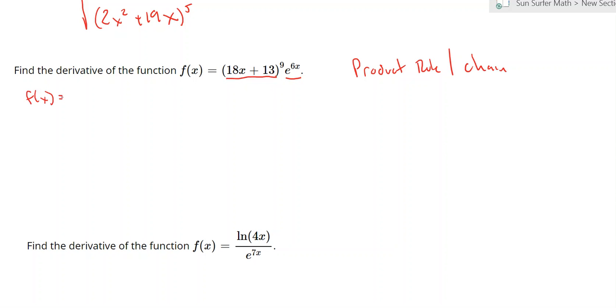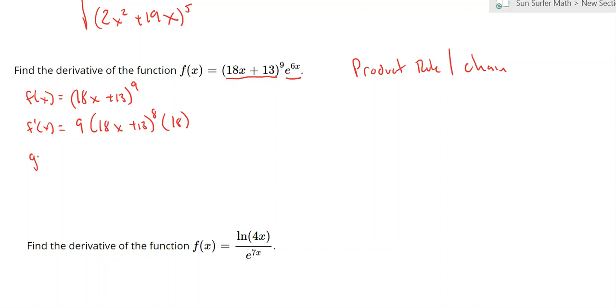I'm going to let f of x be the first function, 18x plus 13 to the 9th power. The derivative of that then is going to be 9 times 18x plus 13 to the 8th power times the derivative of 18x plus 13, which is 18.